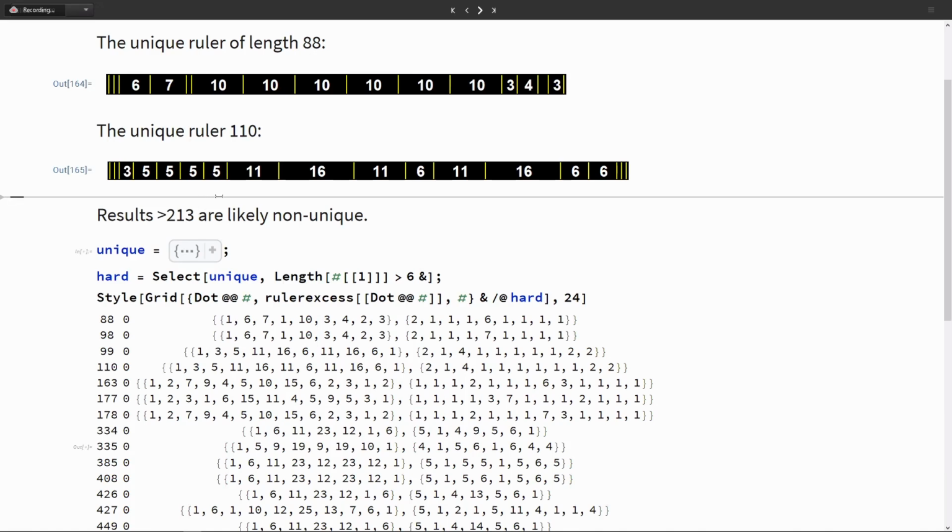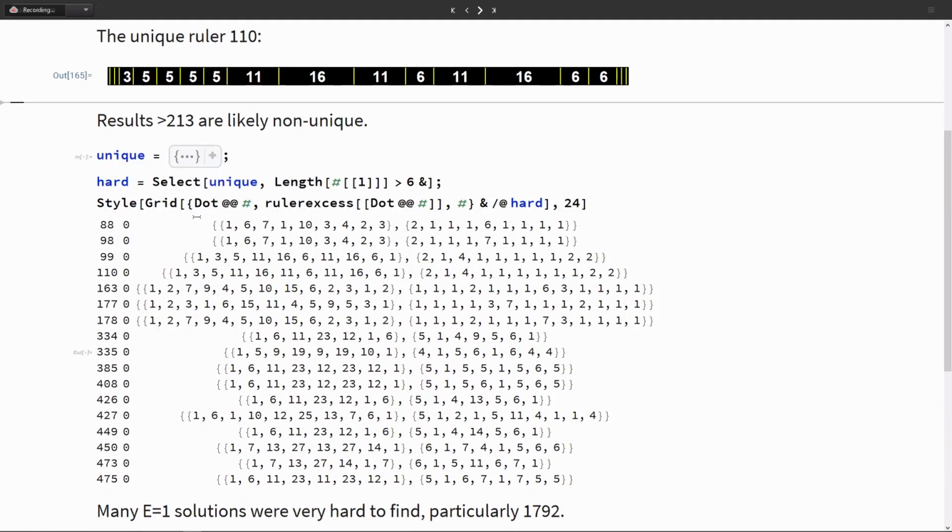Let's see. Here's some more of the unique ones. I'm showing them in the split form. These rulers at the bottom here past 178, these probably aren't actually unique. I just don't have a computer sufficiently powerful enough to find them.